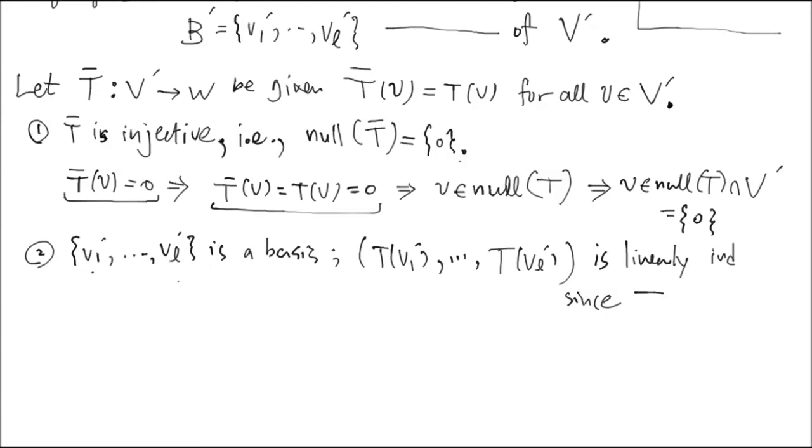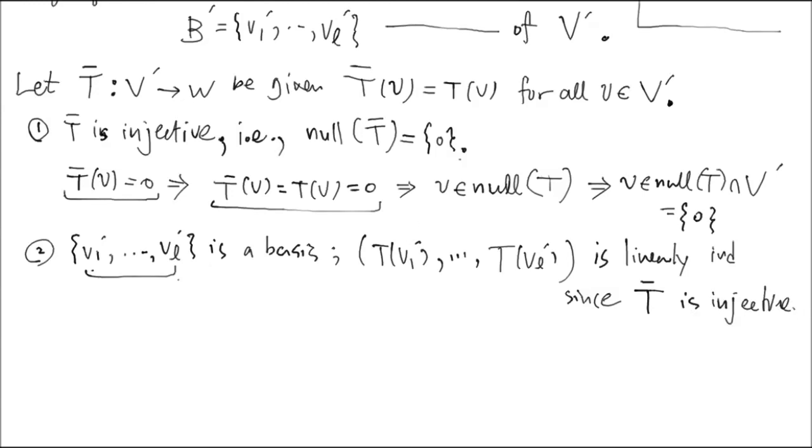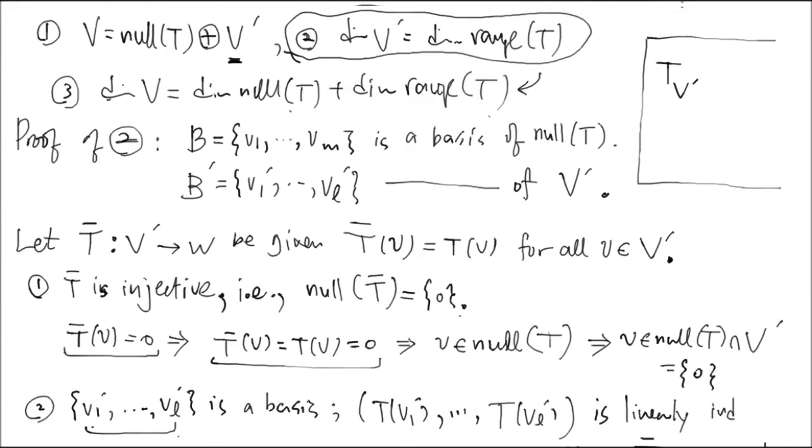In general, if these are linearly independent, its image is not linearly independent. But under certain conditions, it is. And one of the correct answers is that T is injective.